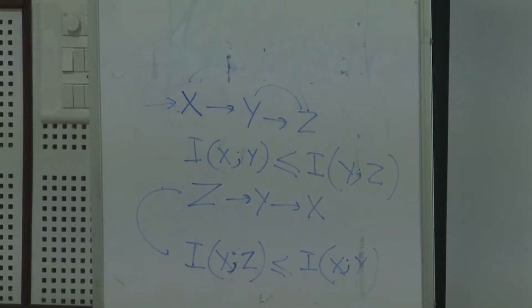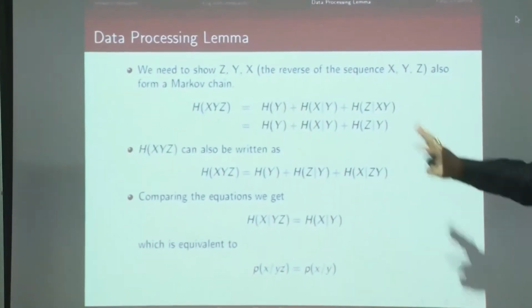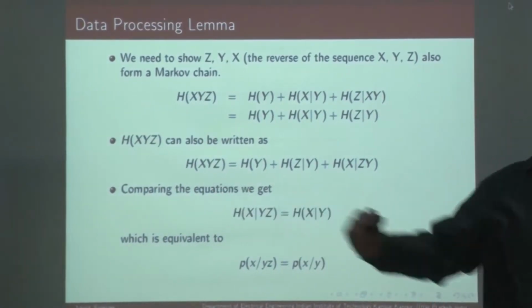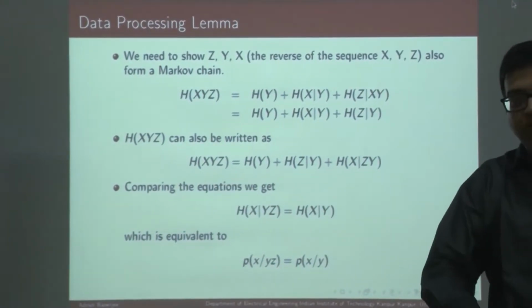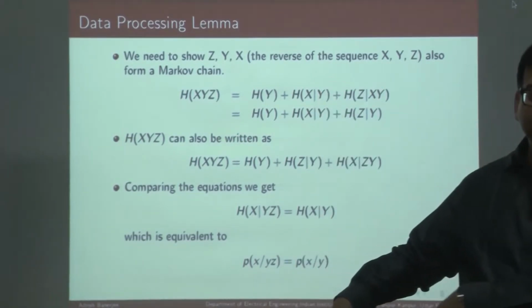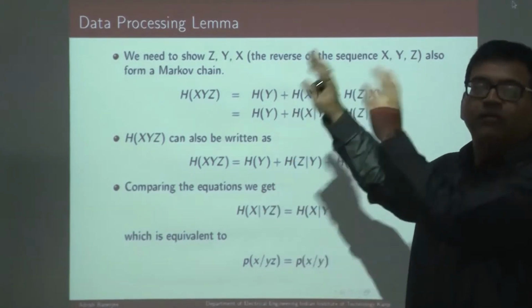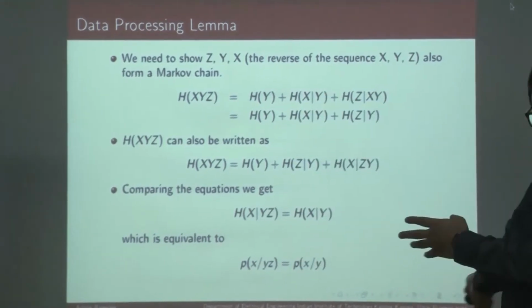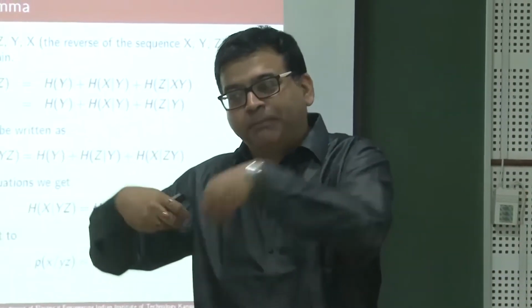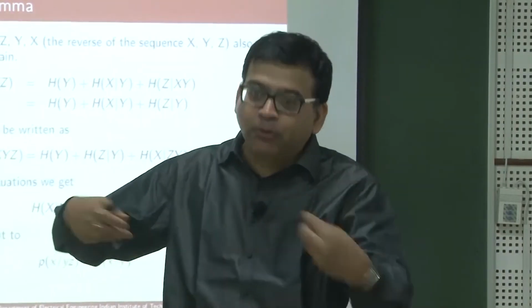It is called the data processing lemma. So, look at our communication system. If you look at various blocks of a communication system, you have your raw data, you do source coding, then you have some encryption, you have channel coding, modulation, you send it over a channel. So, if you look at the output of each block, given the previous block, it only depends on the input to that particular block.